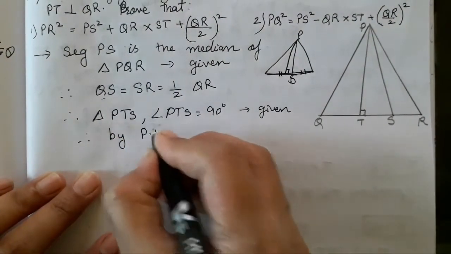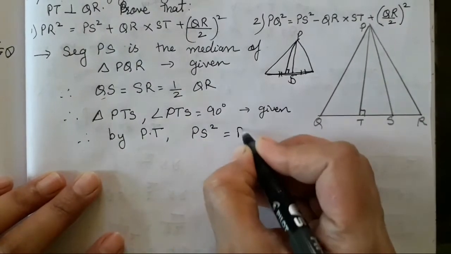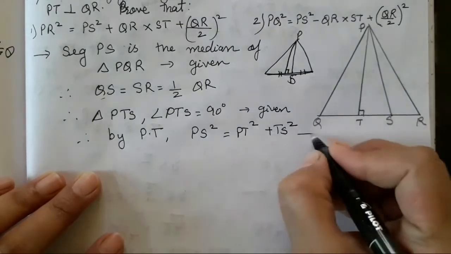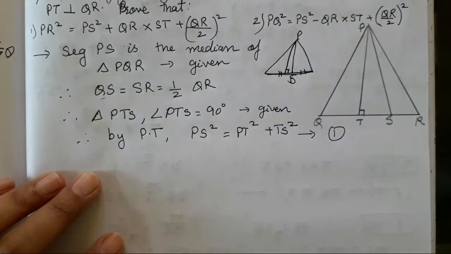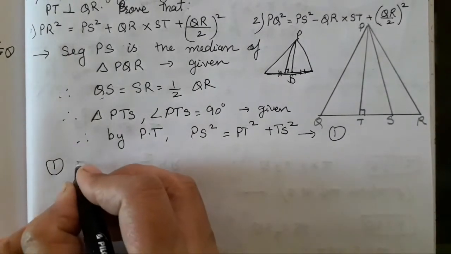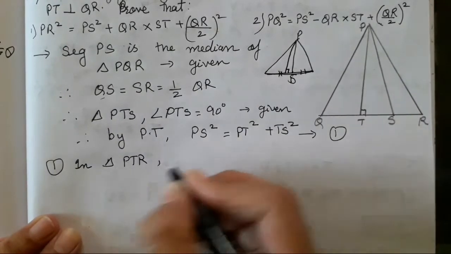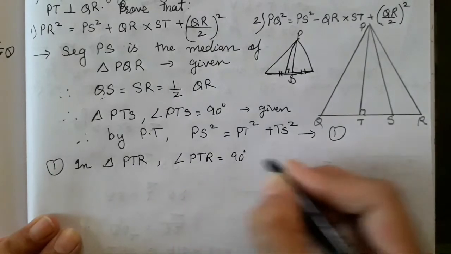Therefore, by the Pythagoras theorem, PS square is equal to PT square plus TS square. Okay, so let's keep this as the first reason. Right? Now, first, what they have said: in triangle PTR, angle PTR is 90 degrees.